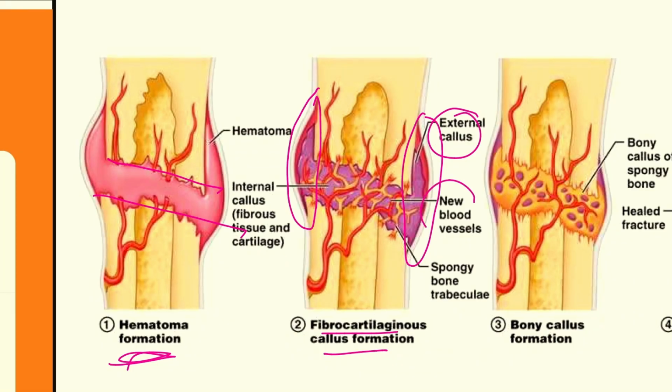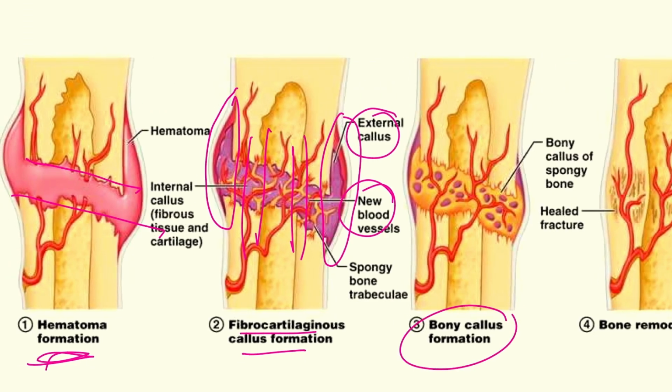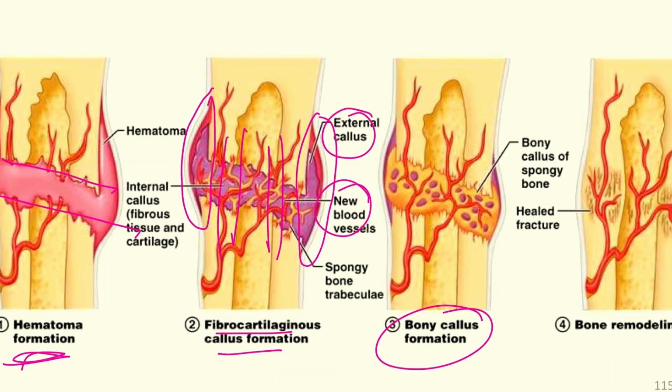We start getting new blood vessels forming to connect the top and the bottom parts of the bone to restart the blood supply, because we need blood supply for healing. And then finally, last phase, you got this bony callus formation. Still a little bit of a bump here.